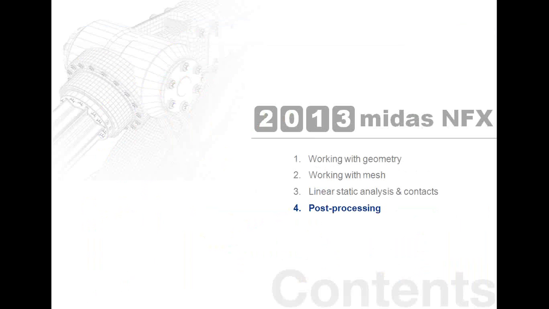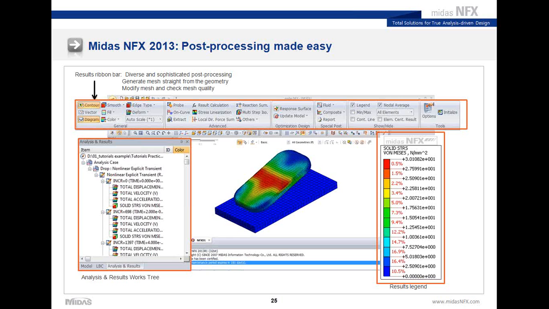Now we talk about the post-processing. So we already saw some sophisticated post-processing functions, and this is the results toolbar, different types of contours and other advanced post-processing options such as result calculation, viewing the results on curve, etc. Now when you have nonlinear analysis, on the screen you can see an example of a nonlinear explicit analysis.